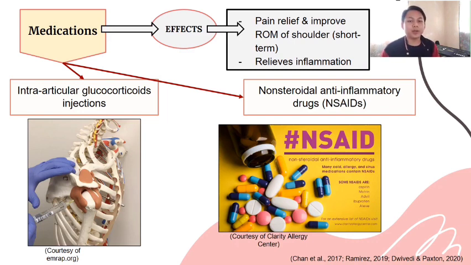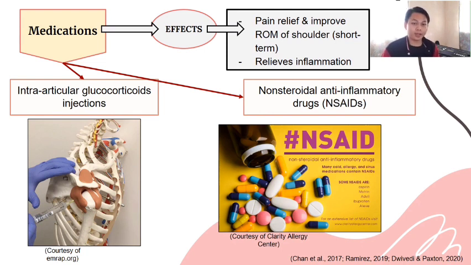So if the treatment plan for the patient is to achieve a long-term goal, it is recommended to use other kinds of interventions other than medications, because this effect is only short-term. Other than that, using medications can also relieve the inflammation of the shoulder.